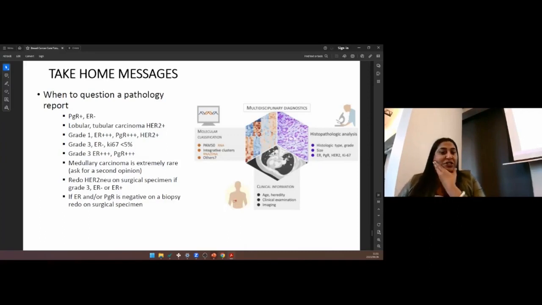And just to highlight the importance of multidisciplinary meetings, I think that all of us can safely agree that it is a combined effort. It's invaluable information that is imparted in these meetings. And I think it's a very important tool that we have in the public sector that can enable cohesive treatment of patients.